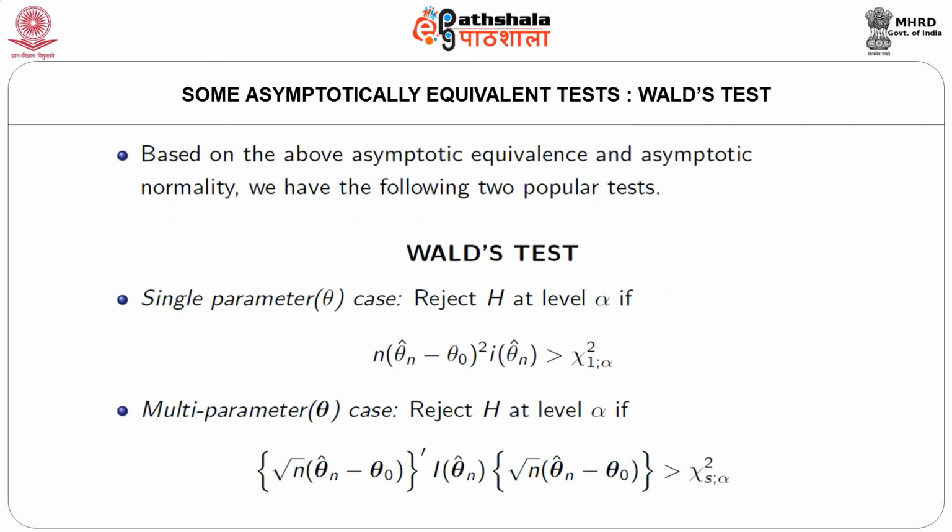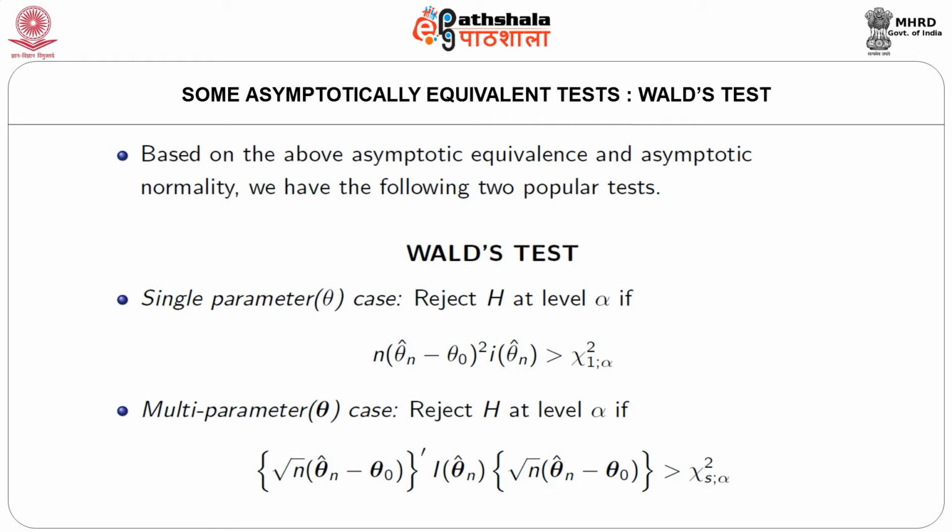Based on the above asymptotic equivalence and asymptotic normality, we have the following two popular tests. The first one among these is Wald's test. First, we consider Wald's test under single parameter case.